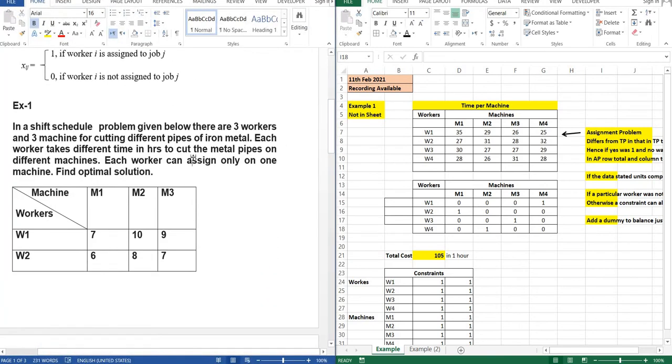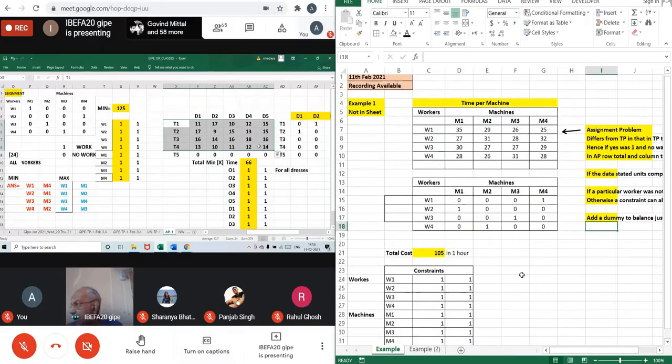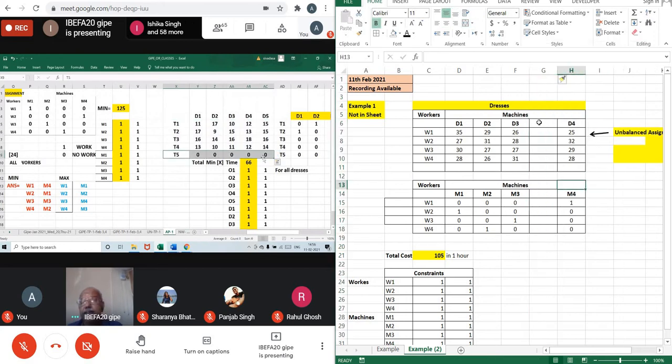Tailors are only 4 and dresses are 5. So if I want to know which dress goes to which tailor, I have to convert it into a balanced problem, apply the algorithm, and solve.